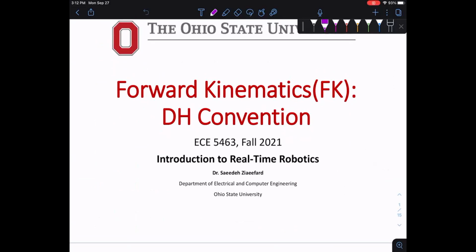We can eliminate a lot of calculation by putting frames in specific locations. That creates a lot of zeros in our calculation, so we just have to do less calculation. So a lot of industrial robots use this. The code comes with the robot, and they're using this in their code. Once you learn both, you can choose whichever you like.